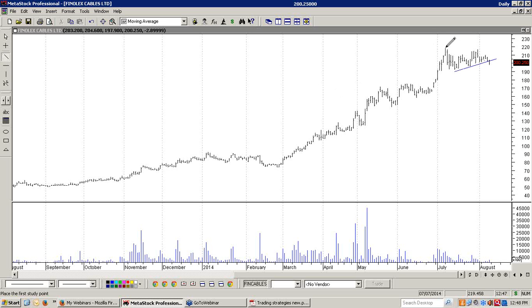This is a sell stock. You should not buy into this particular stock. You can sell this stock keeping a SL of around 203. The current price is 200. So you can keep a SL of somewhere around 205, 206 on a medium term, and you can sell that particular stock.